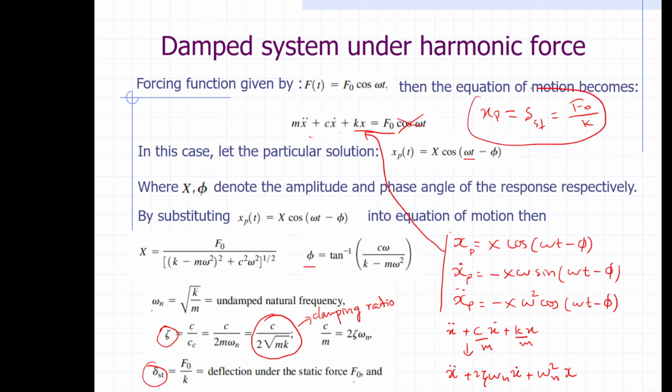That's why it's called static deflection. And r is the ratio between the frequency of the external force and the natural frequency of the system. Okay. Do you follow this? Okay.